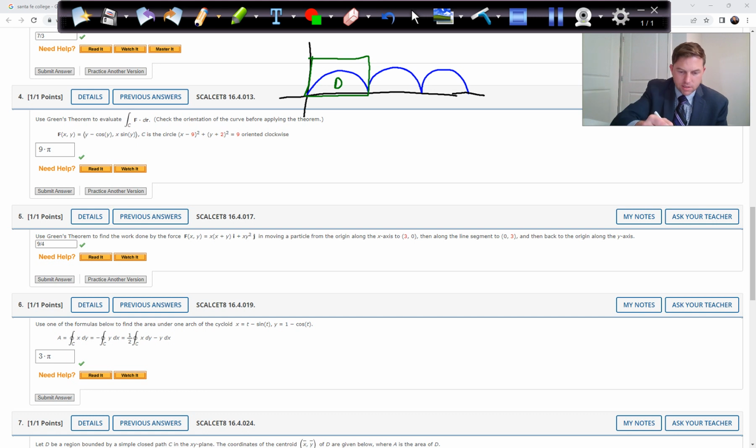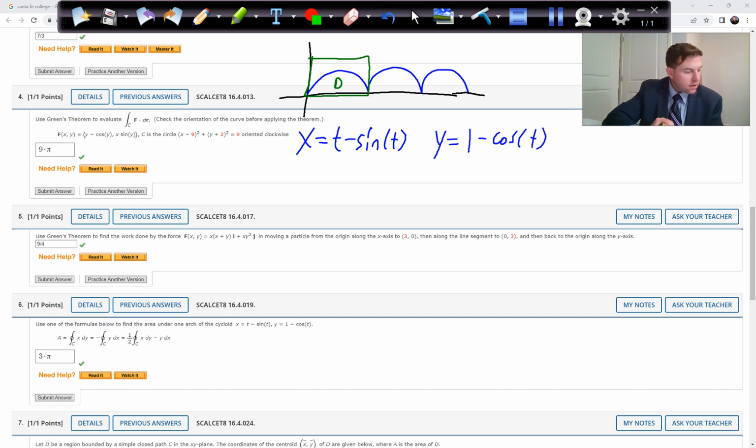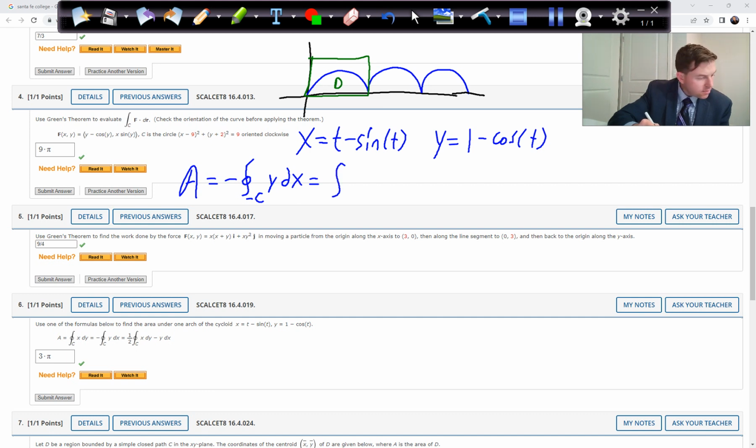Okay, so what we can do is say that x equals t minus sine t, y is 1 minus cosine t, and we have A is going to equal the negative line integral of y dx, which we're going to form into two curves: C1 y dx plus C2 y dx.